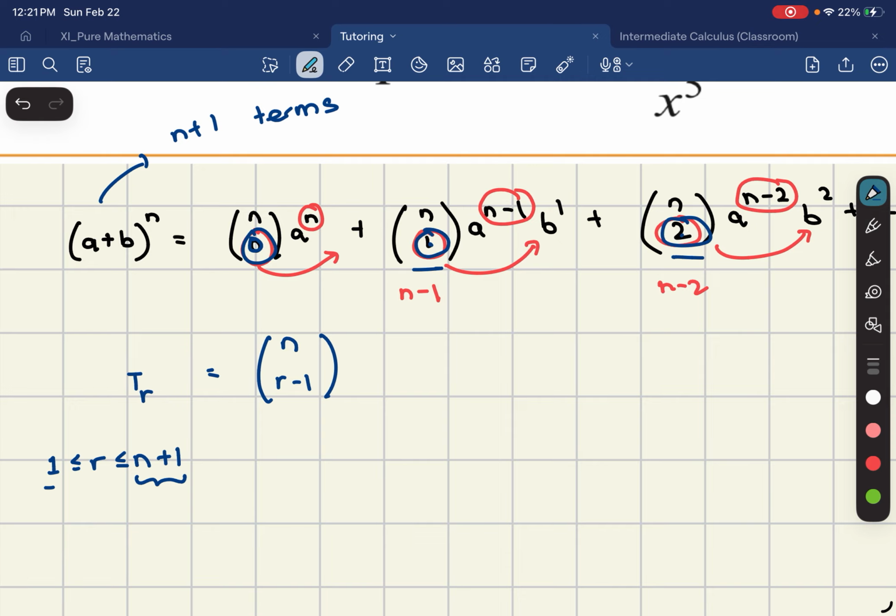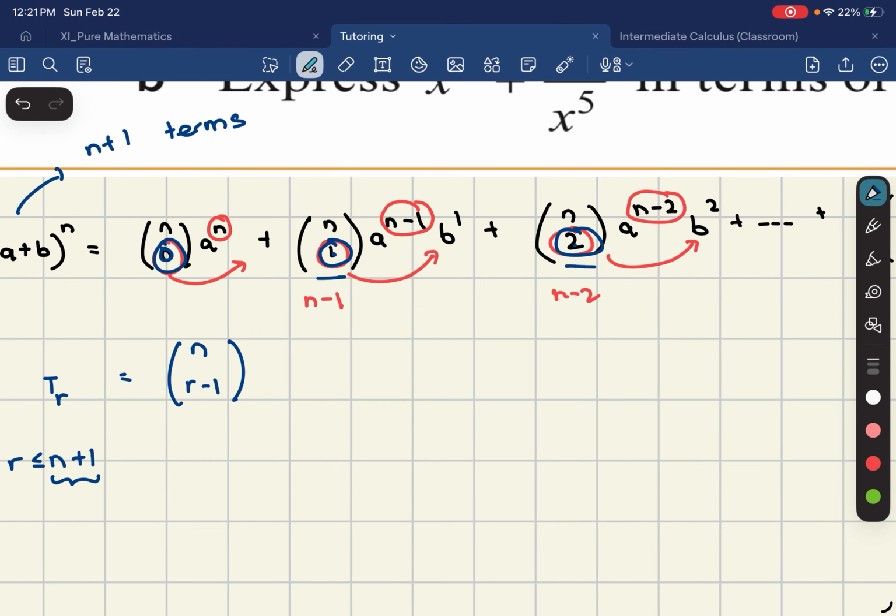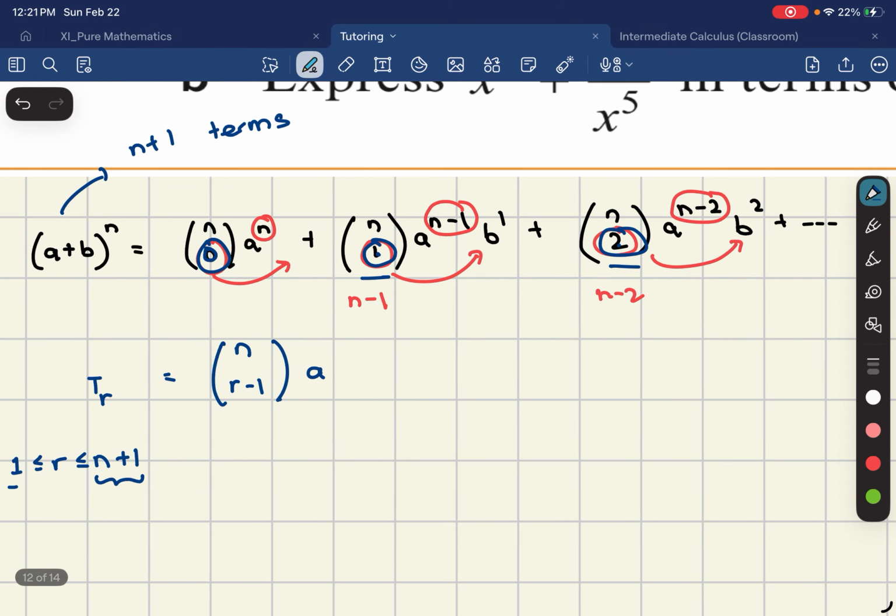So if you want the rth term, it has to be r minus 1. Now, for a, we are going to raise it to n minus (r minus 1), right? We discussed this. The power of a is going to be n subtracted by whatever you have down here. And then for b, we're just going to raise it to the (r minus 1)th power.